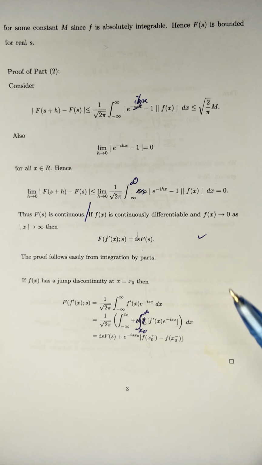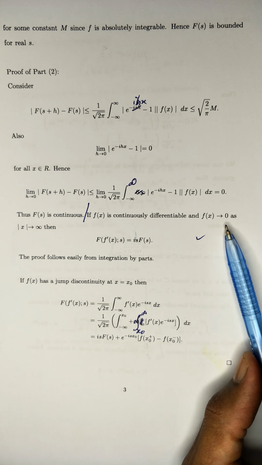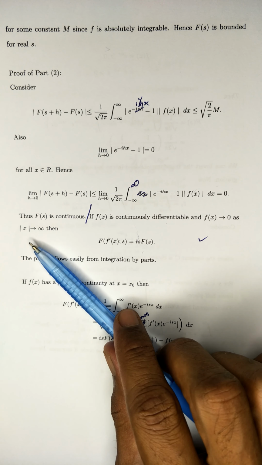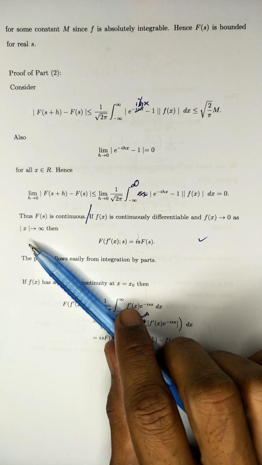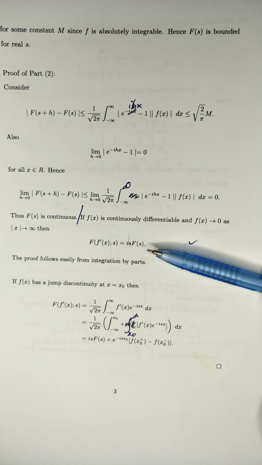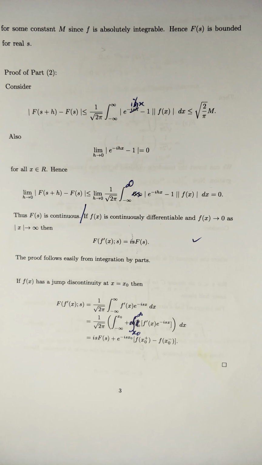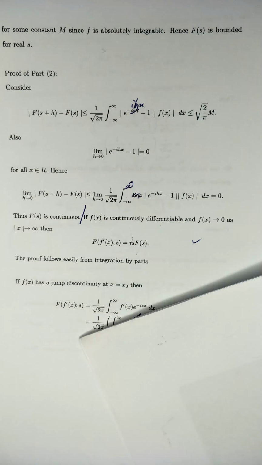If f(x) is continuously differentiable and f(x) goes to 0 as the absolute value of x goes to infinity, then we have this result here. And again, it is not difficult to prove. You just use the definition of the Fourier transform.